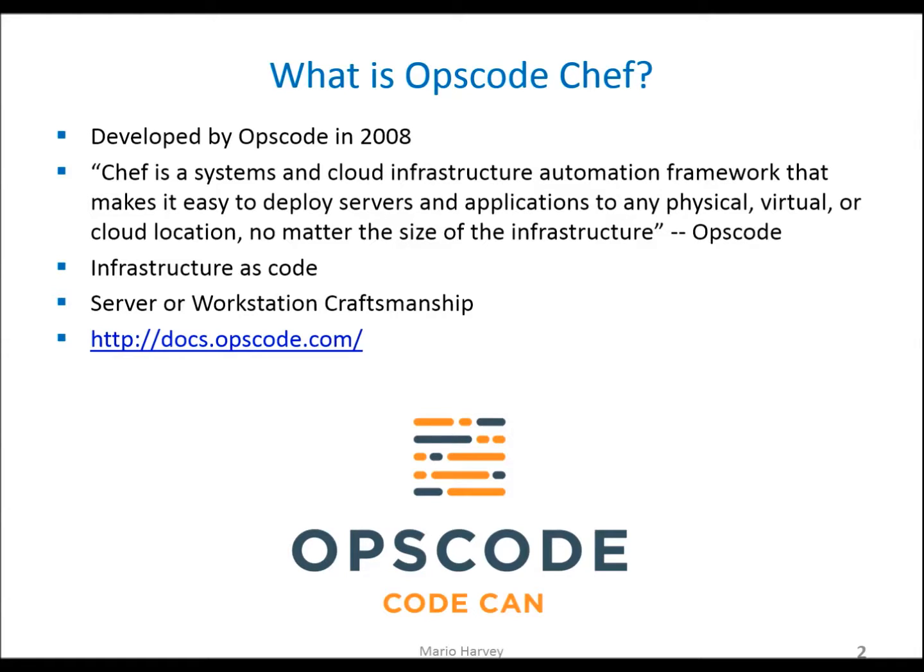So instead of having your ops team doing manual provisions of machines and ad hoc changes here and there, and having kind of a calamity of errors and differences in your infrastructure, you can begin to code all that and really make things easier for other people that might need to take things on down the road. You can read more about the overview of Chef at docs.opscode.com.